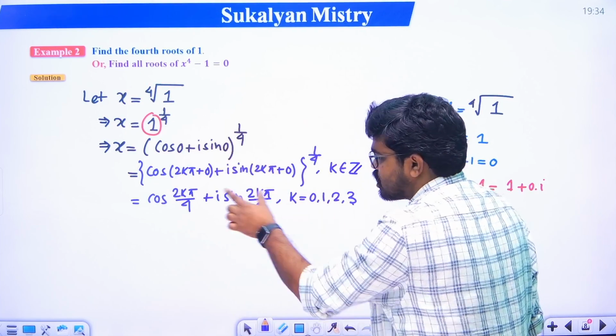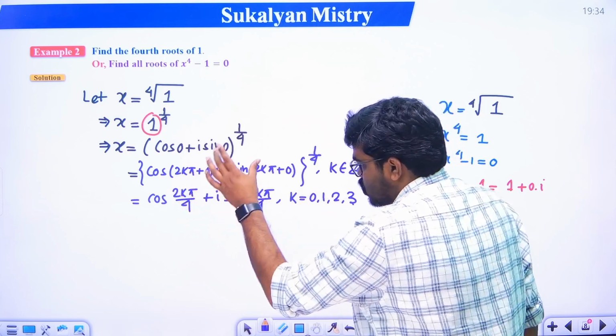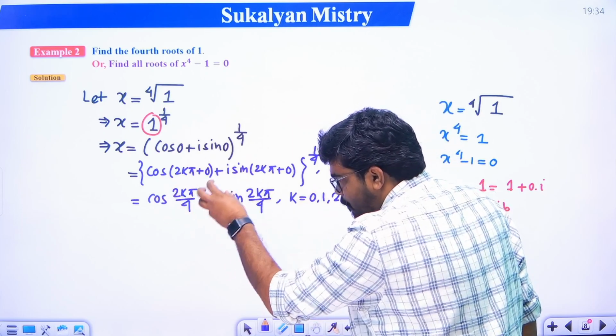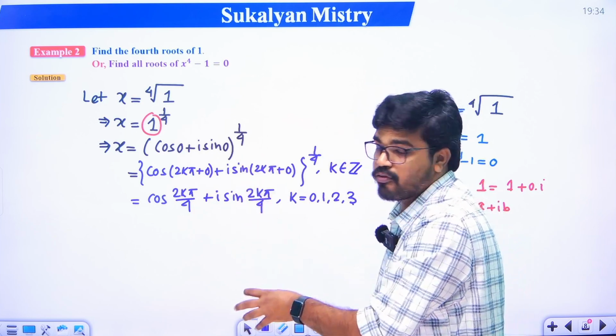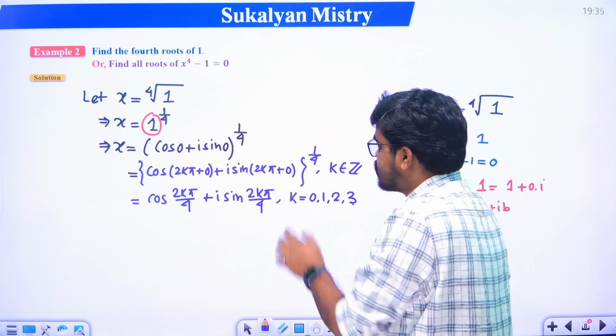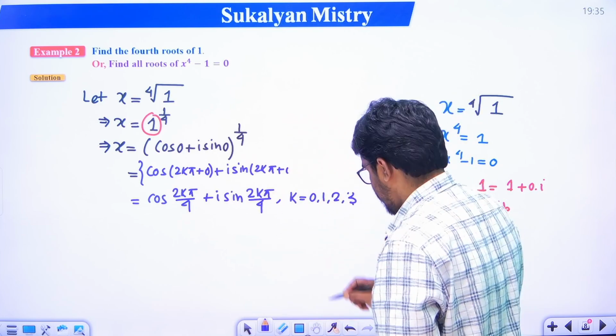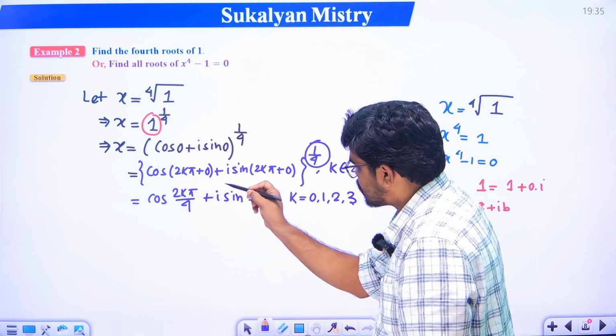When k is equal to 0, you get one value. When k is equal to 1, you get another value. Okay, so cos n theta plus i sin n theta is one of the values of (cos theta plus i sin theta) whole to the power n, where n is a fraction.